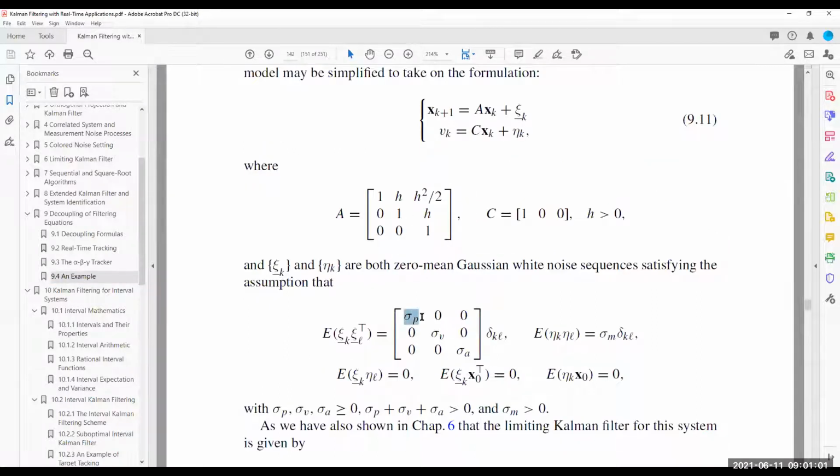That is the covariance matrix of the process noise. So sigma v is the third state, and sigma m is the variance of the measurement noise.